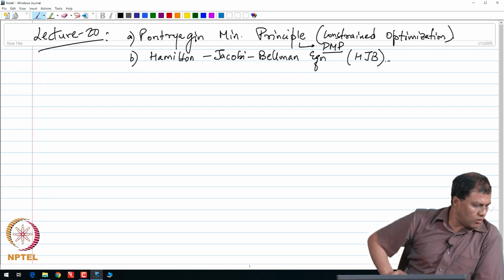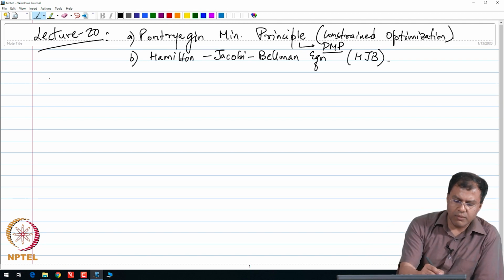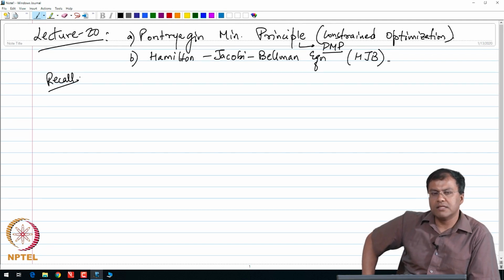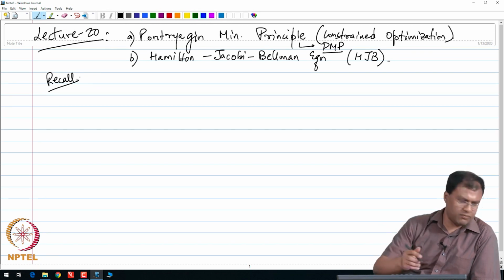Okay. So, let us recall some of the concepts that we have covered in the last class. Mainly we have done unconstrained optimization, that is unconstrained minimization via the introduction of the Hamiltonian or the Pontryagin H function.